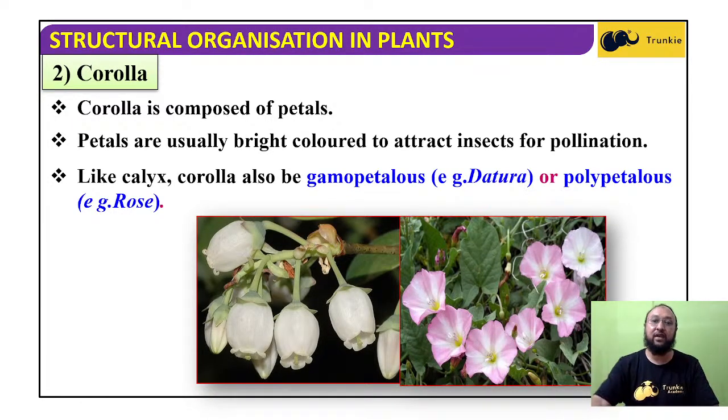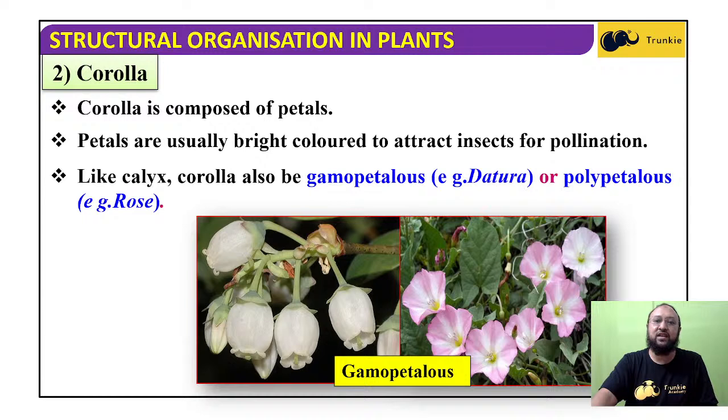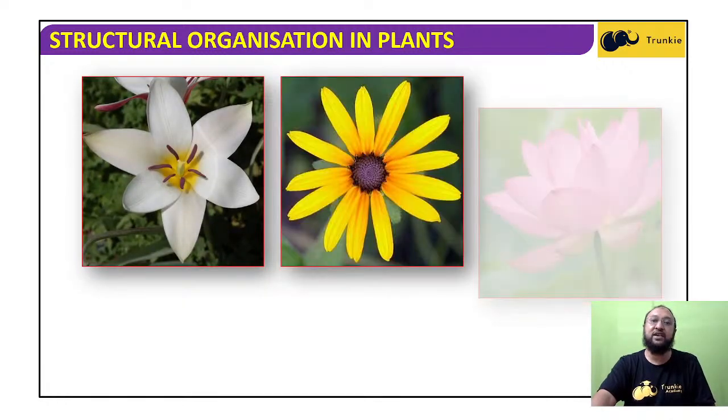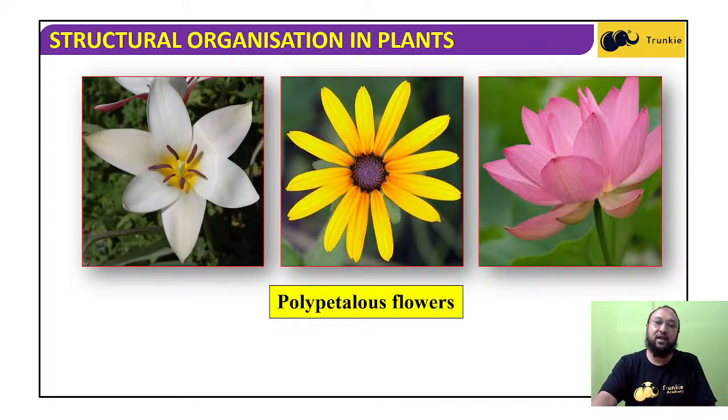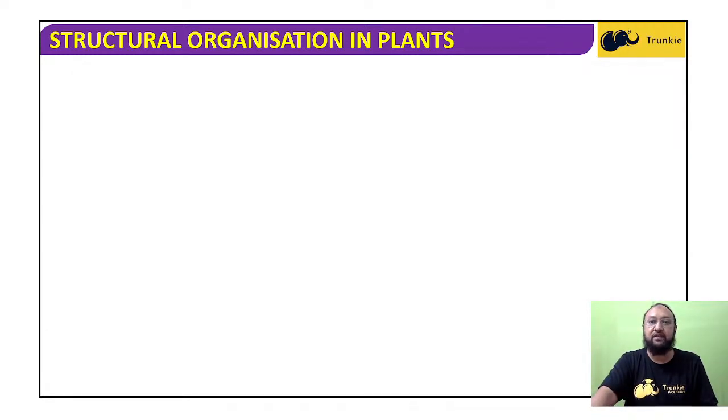In datura the petals are fused side by side, in some cases forming a tube-like structure, so this is gamopetalous. When fused, it is gamopetalous, and when free, as in the rose, where the petals are not fused, it is polypetalous.